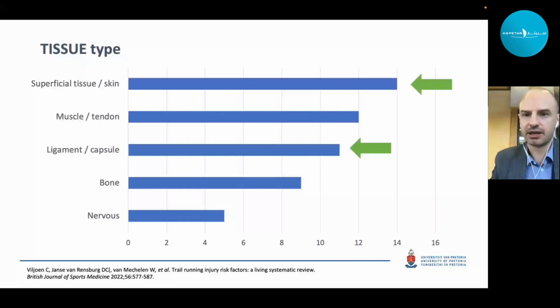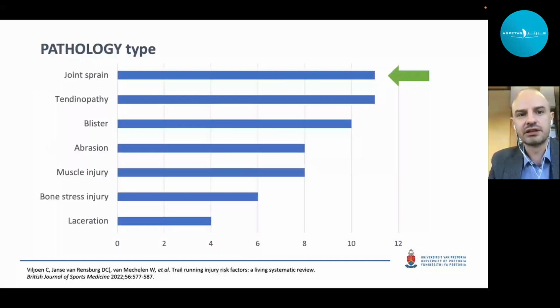If you look at the pathology type, you can see that joint sprains with tendinopathies are currently the most commonly reported in injury-related studies in this field. So can you take a similar approach to your normal cross-country and your normal road running to the sport? If you know that these joint instability episodes are so common, it is something that we can think about.